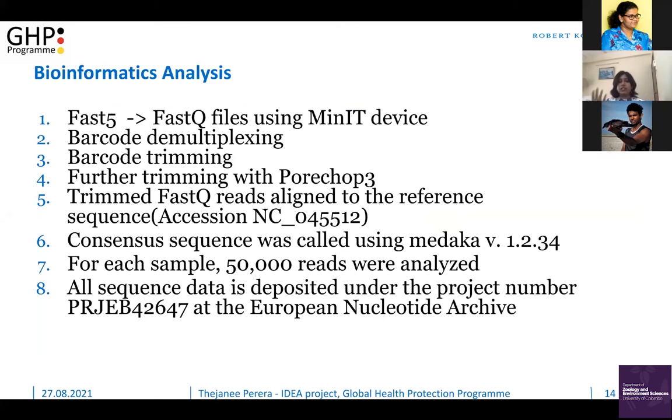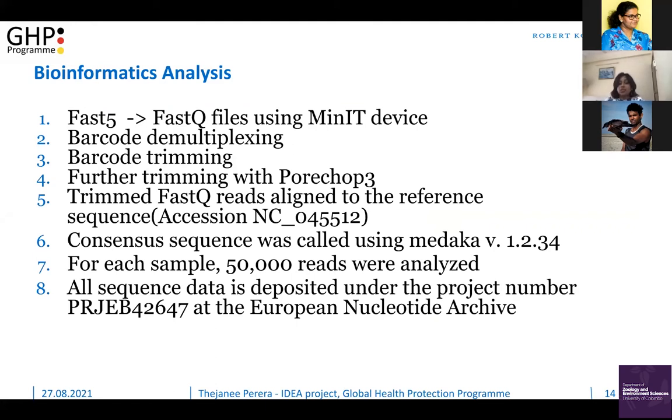So they did the bioinformatic analysis. You get the raw data as FAST5 files, and then it was converted to FASTQ files using the MinKNOW software. And then you can also choose to demultiplex the reads, and also you can trim the barcode, also using the MinKNOW software. And if you need further trimming, you can use software like Porechop.